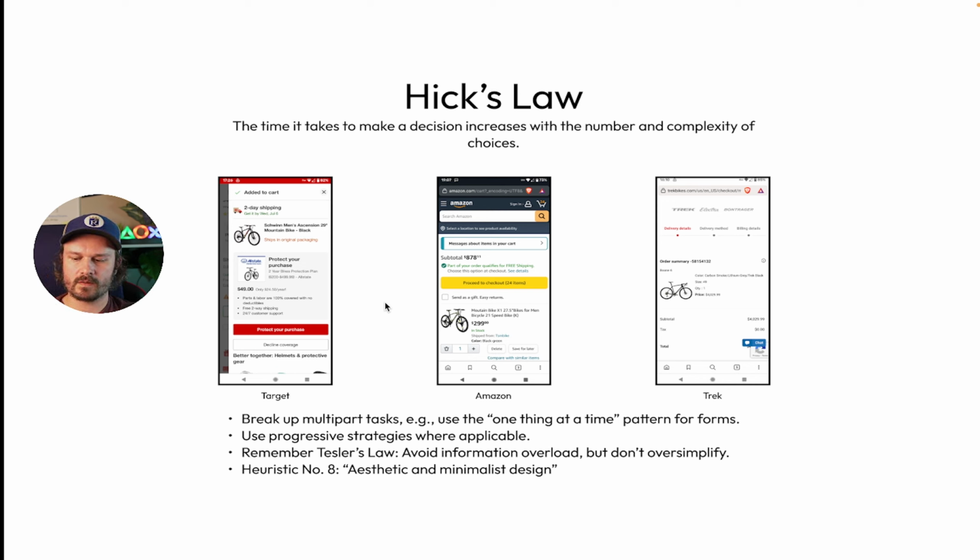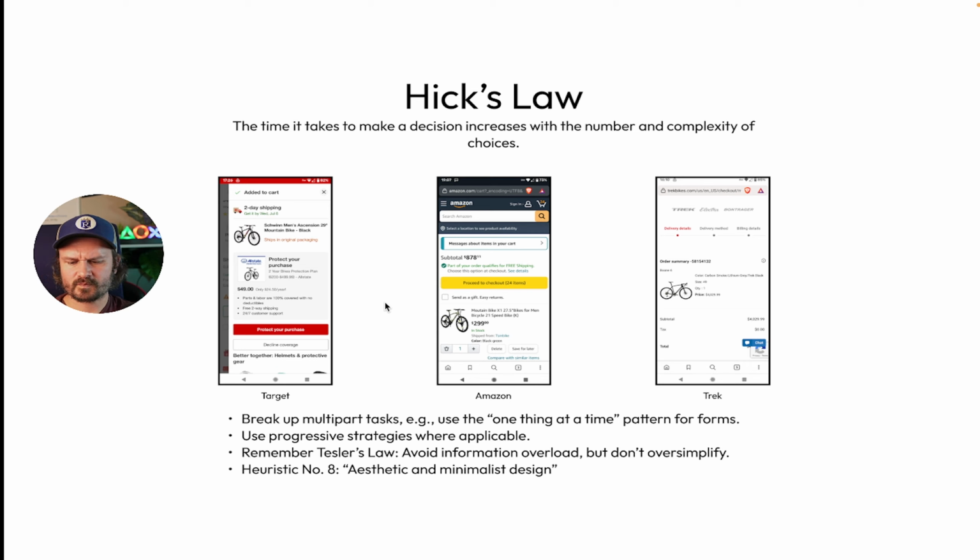And a good way to think about that, or an example of that, would be if you are designing forms. Let's say you are working on an onboarding process, or an e-commerce or online retailer checkout process. One of the better ideas that I've seen when I was doing my research is the idea of one thing at a time, using that pattern in forms.